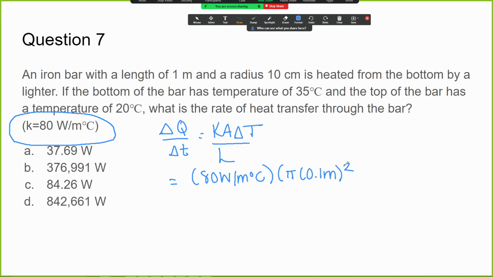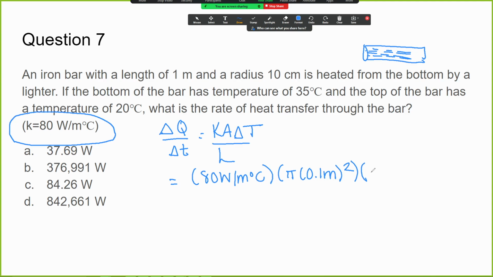It is an iron bar, so its cross-sectional area is a circle. If we're looking at it like this, the collisions can only happen along a cross-sectional area. You are going to hear the words cross-sectional area more than you ever wanted to this year, especially when we get into magnetism.